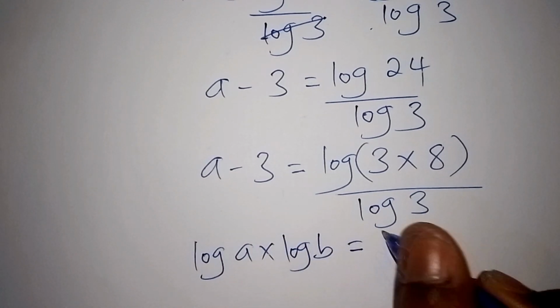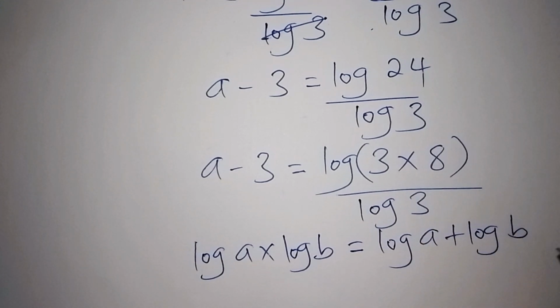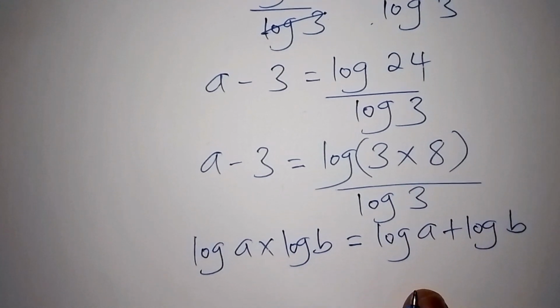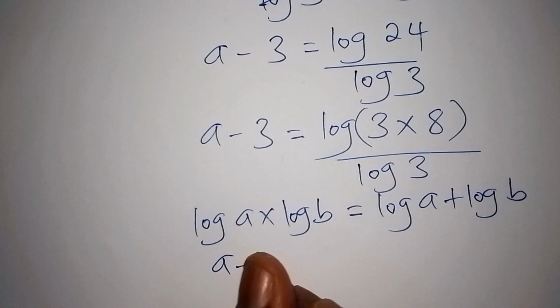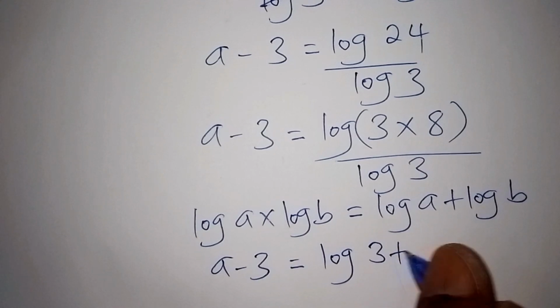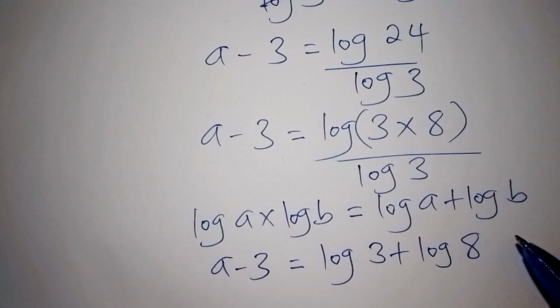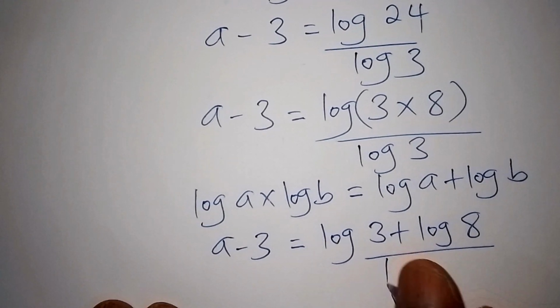We can rewrite it as the log of a plus the log of b. So in this case, we shall rewrite the log of 3 multiplied by 8, so now we have a minus 3 is equal to the log of 3 plus the log of 8, all over the log of 3.